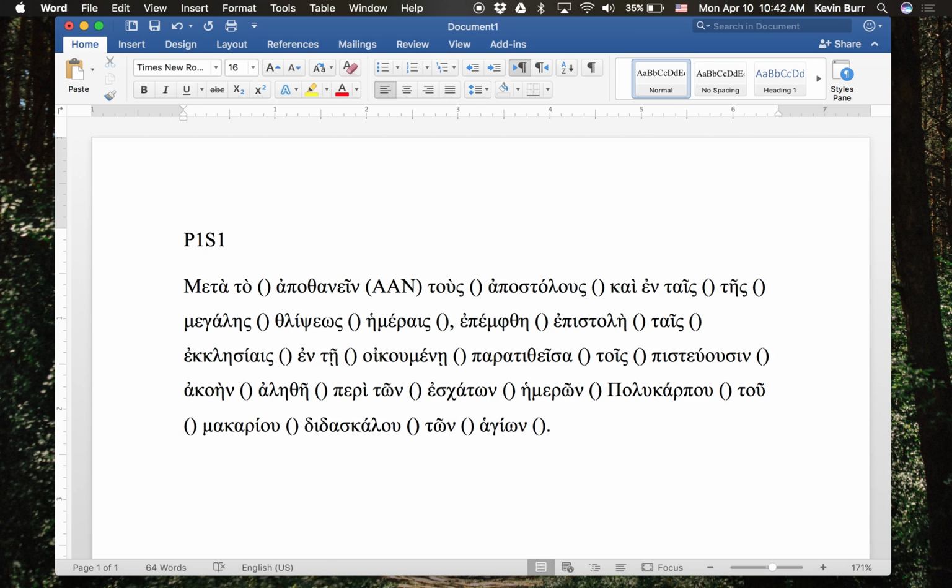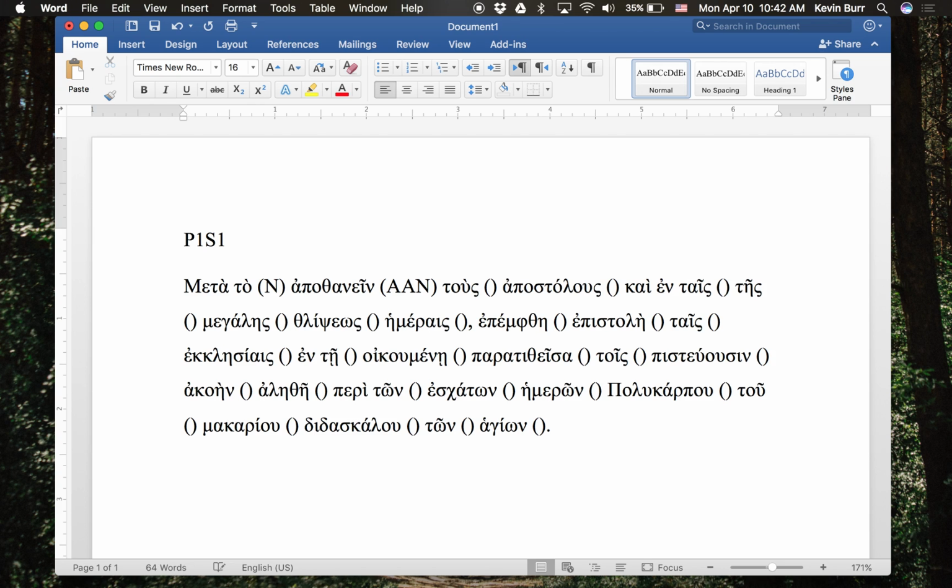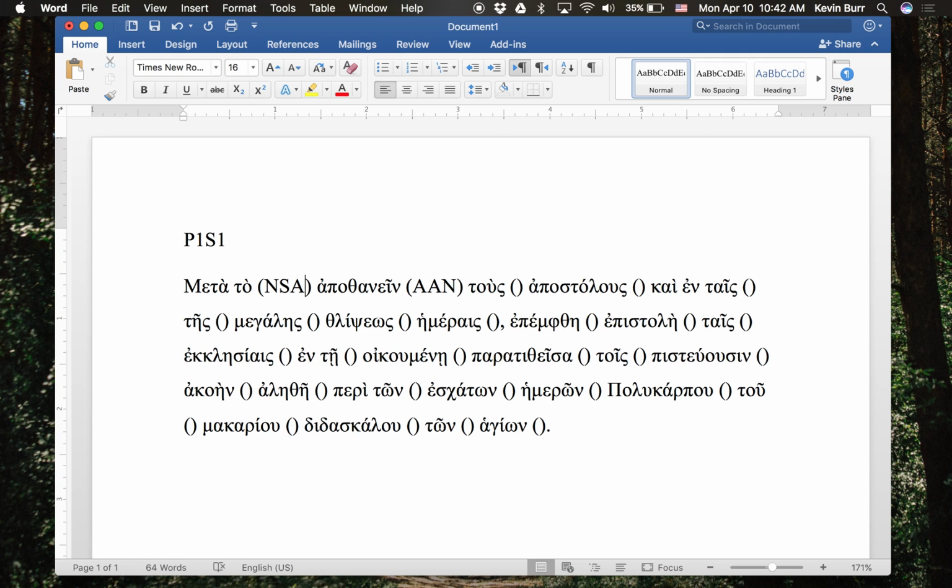Remember that whenever you have a preposition followed by an article for an articular infinitive or some infinitive phrase like this, the article is always going to be neuter. So this is the neuter singular accusative.